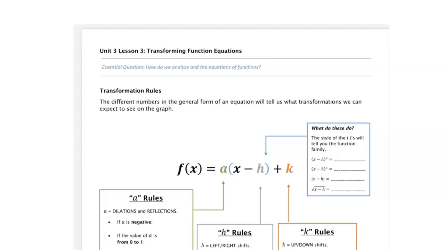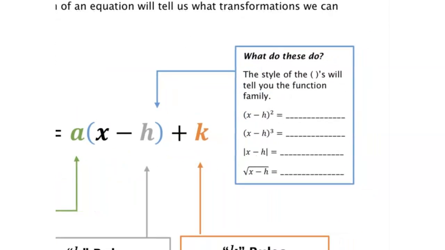Sometimes you'll see these parentheses will have an exponent at the end of a 2. That'll represent a quadratic function. If you see an exponent of a 3, that represents a cubic function. If you see bars here, these are our absolute value bars.